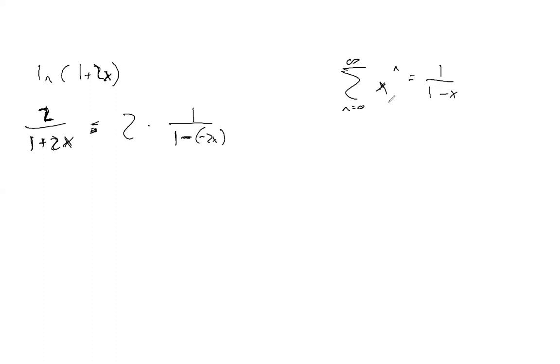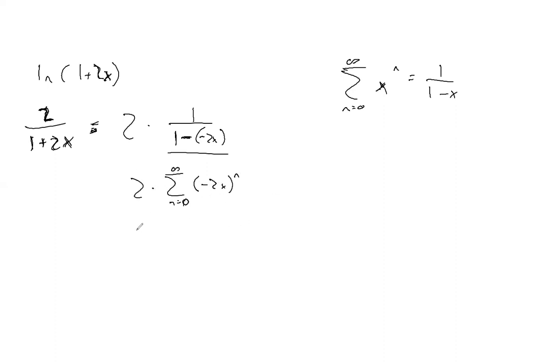So now I can modify this power series to get a power series for this. So what's the power series for this thing? I'm just going to replace the x^n with (-2x)^n. And then I got a 2 out front.